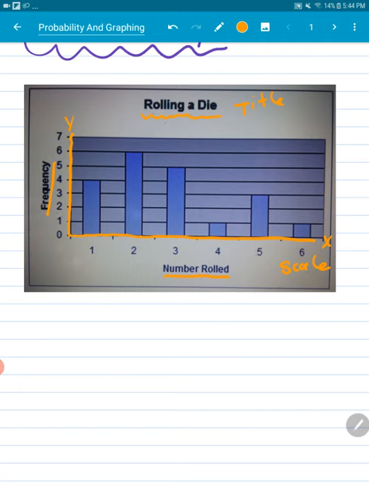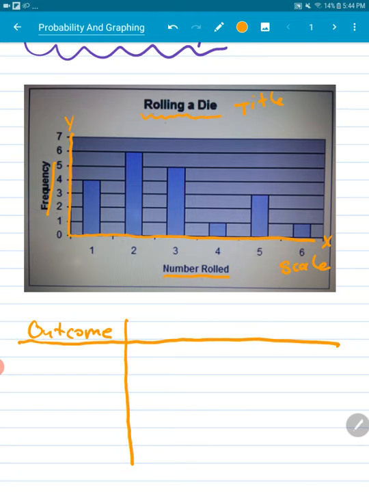So I'm going to make a table here that says frequency. Oh, we're going to erase that, and we're going to start with outcome first. On the left, we're always going to have our outcome. I'm going to make a line there. Sometimes you might see a section for a tally, so we'll do that and then probably drop it later on.